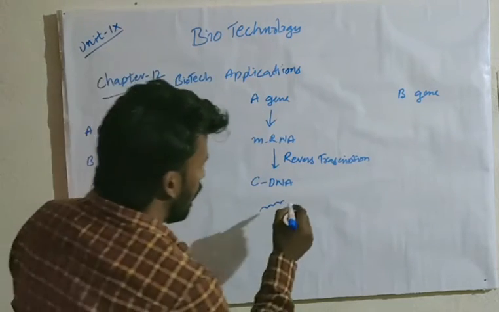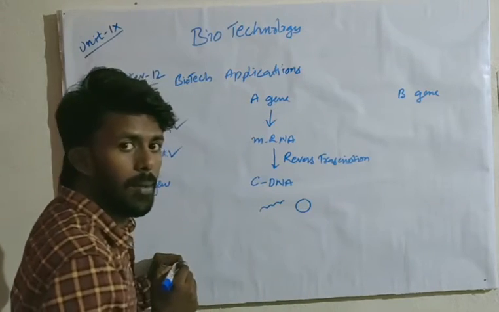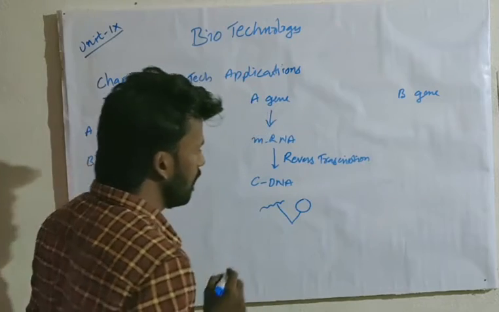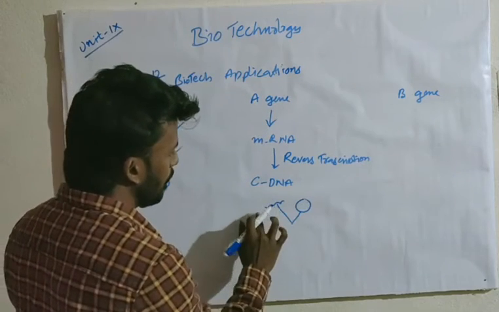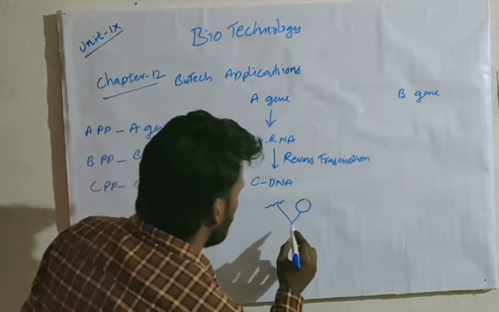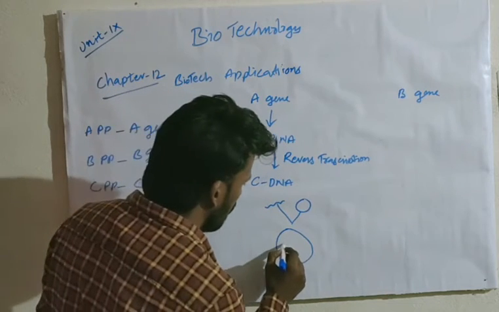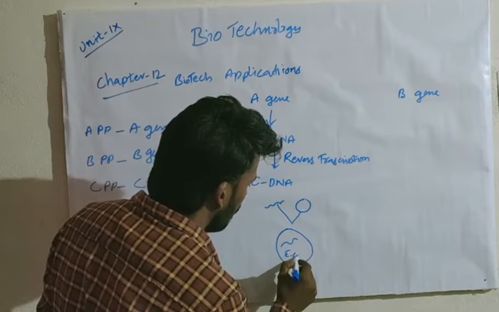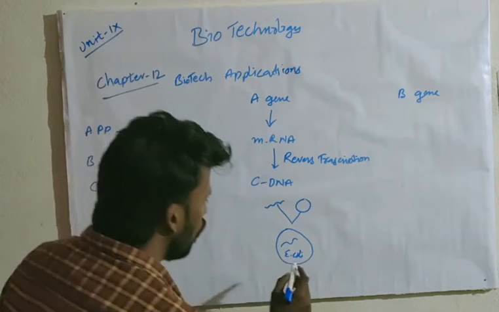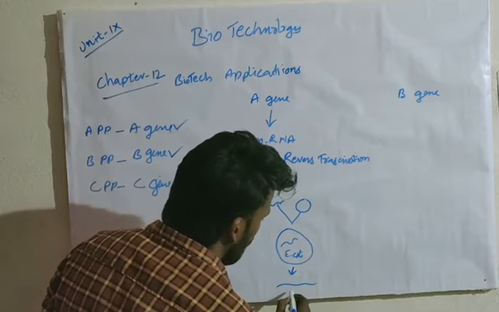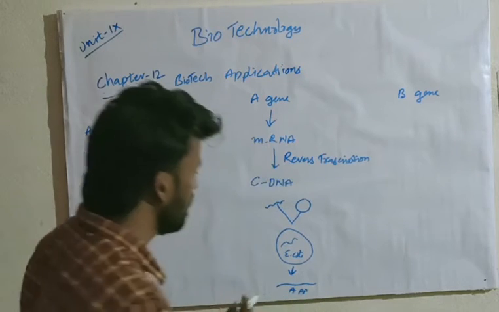was transformed into the vector plasmid, right, through the plasmid vector, and this gene was recombined into the E. coli, and this E. coli synthesizes a separate chain of the A polypeptide chain, right?